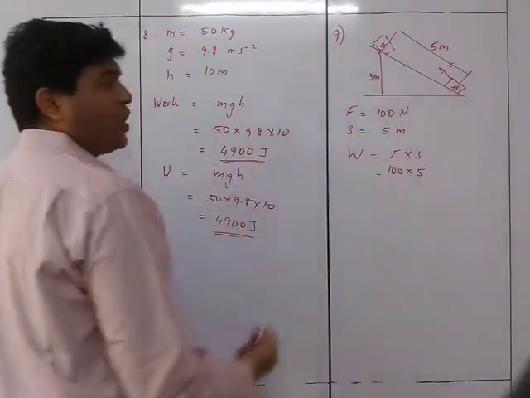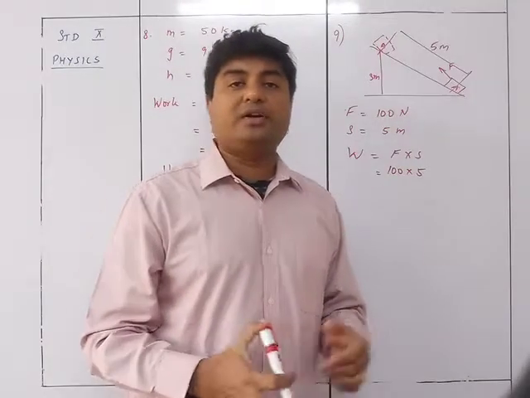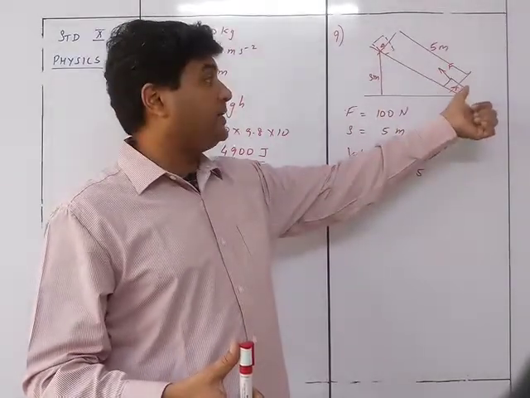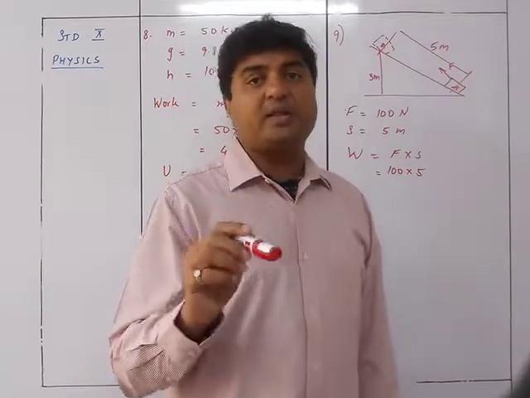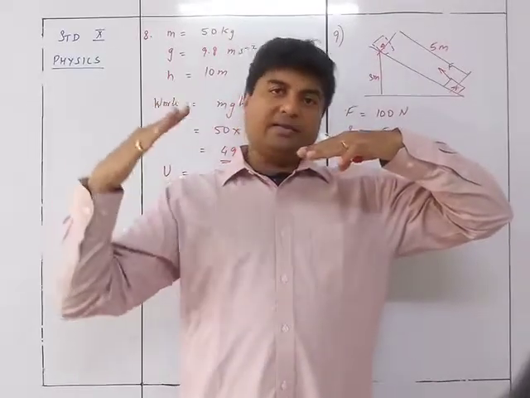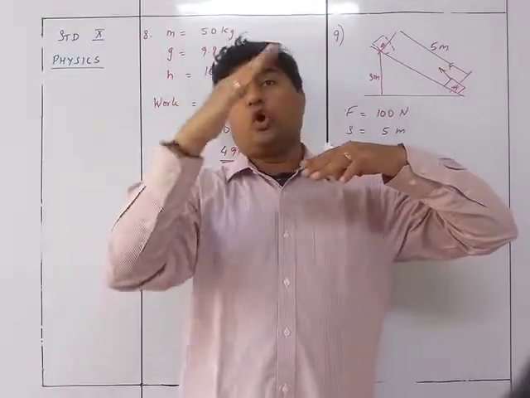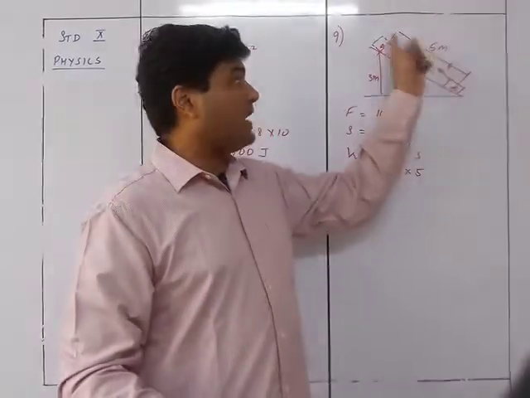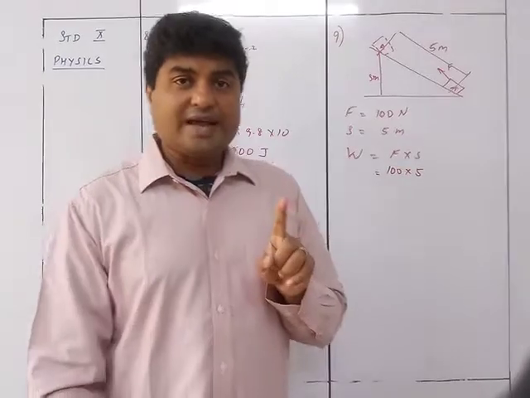The angle we are not taking over here for two reasons, because they have not asked us the actual displacement. It is not from here to here the displacement. The force is not towards the ground, it is in line with the slope. So if the force and the displacement are in the same line, you are just taking F into S. Did you understand this?